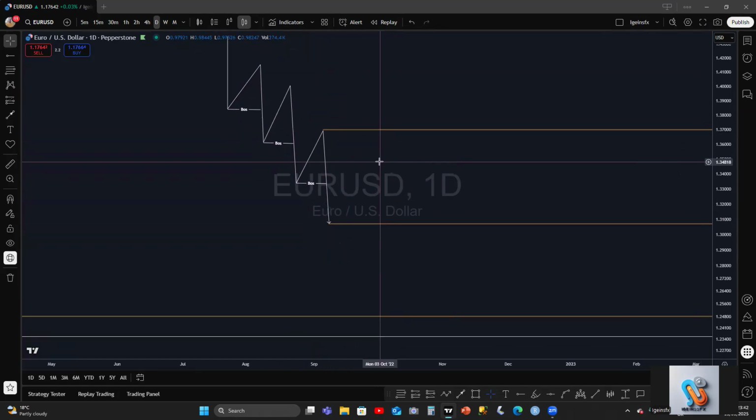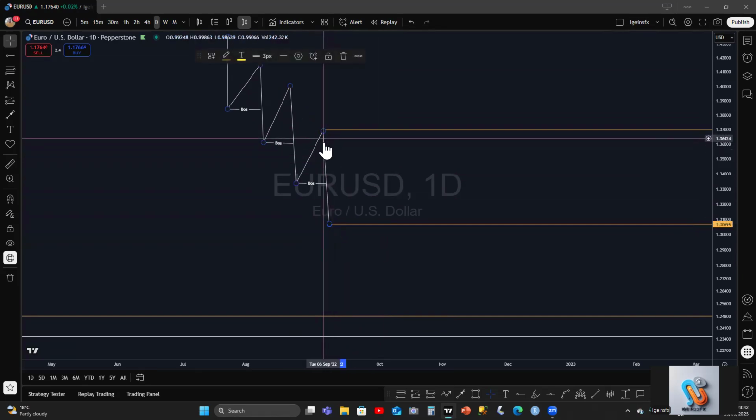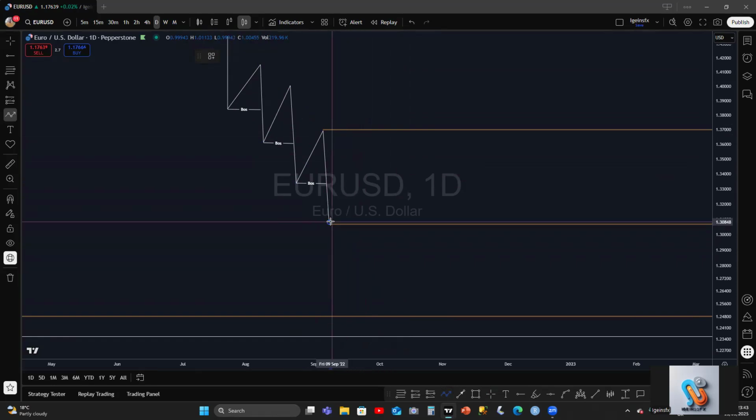Let me remove this. What is the price range here? The price range is between here and here. This is a resistance level, and this is the support level. What we should be expecting immediately, when we see that the price has given us a new low, is for price to start pushing to the downside, right?